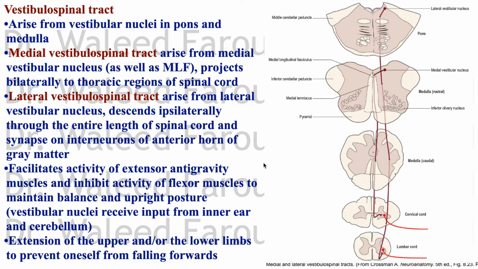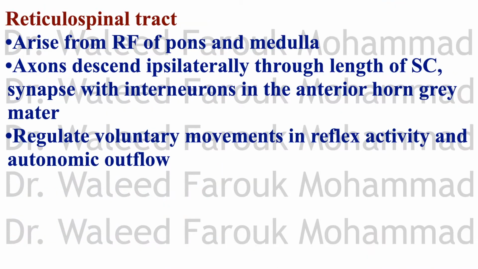So they help the body to maintain an upright posture or upright position. Because vestibular nuclei receive input from the inner ear, the utricle and saccule to be precise, and the cerebellum to correct the position of the body. This is the vestibulospinal tract.